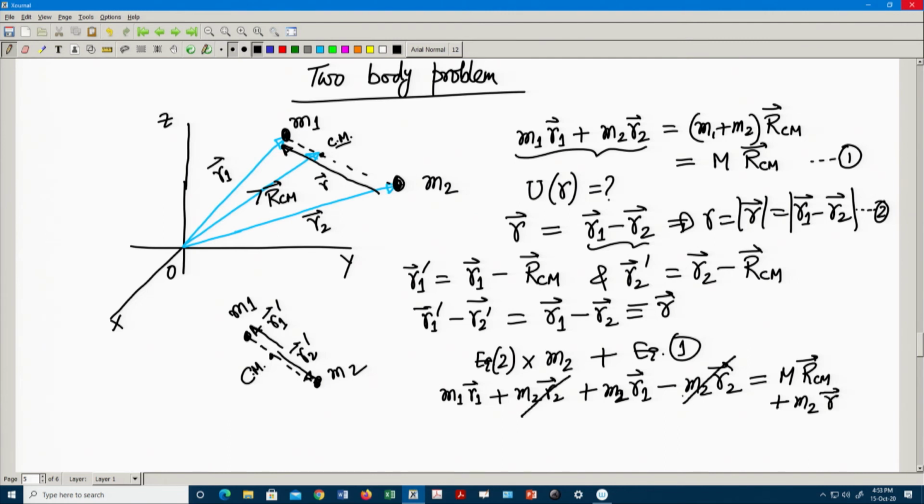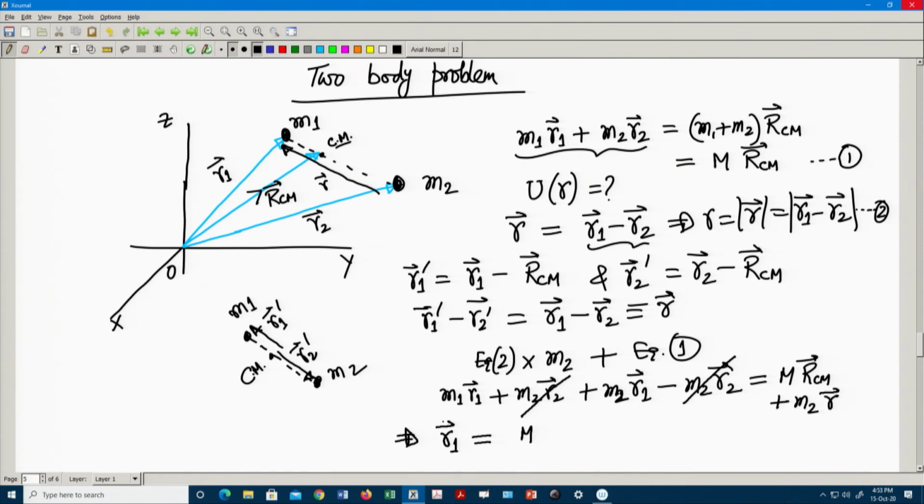This cancels. So, I can write r1 as M. So, m1 plus m2 is common here, right.